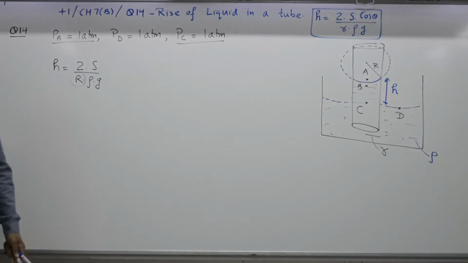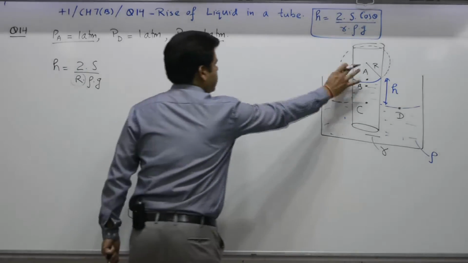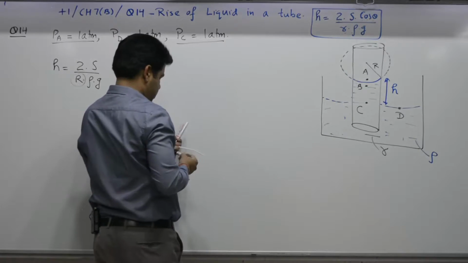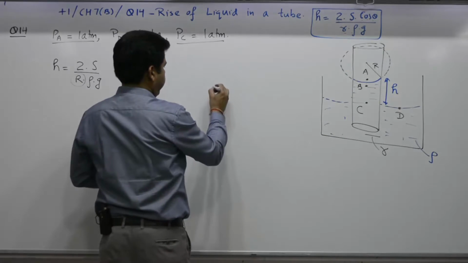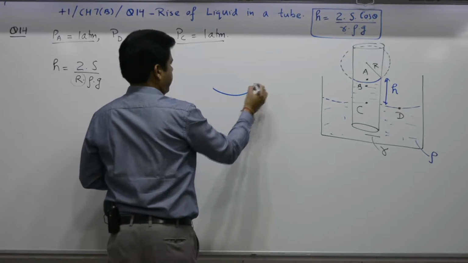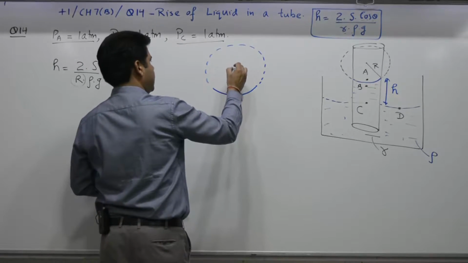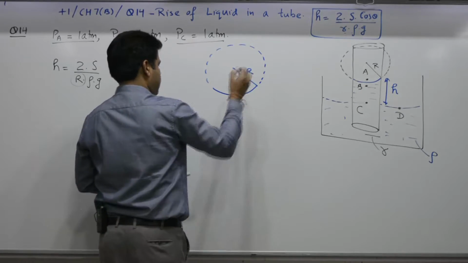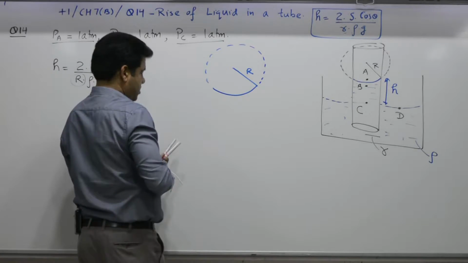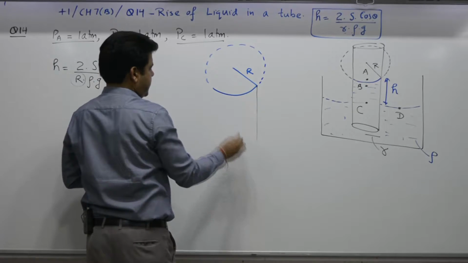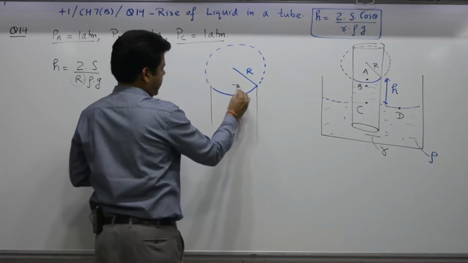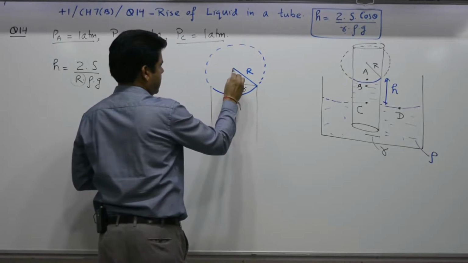We can redraw this part. This is the radius of curvature, capital R. The pipe radius is small r.